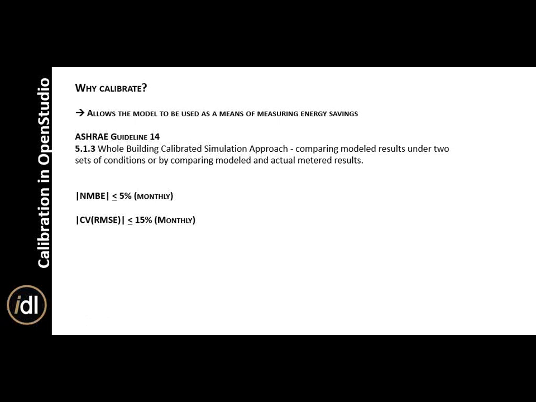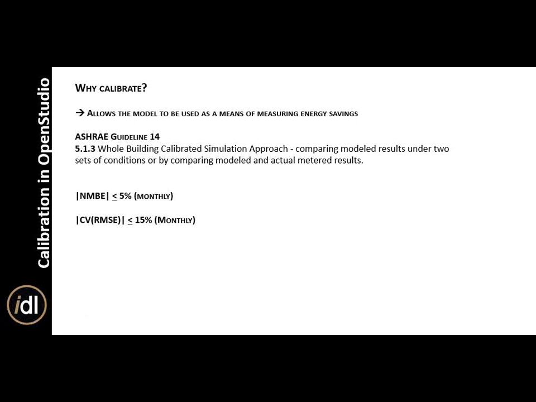So within Guideline 14 are a couple of different standards to make sure our models are corresponding with reality and not this pie in the sky, how a building ideally would function, but matching an existing building to how it is. And that's the NMBE, which I always have to look up, the normalized mean bias error, and the CVRMSE, the coefficient of variation of the root mean square error.